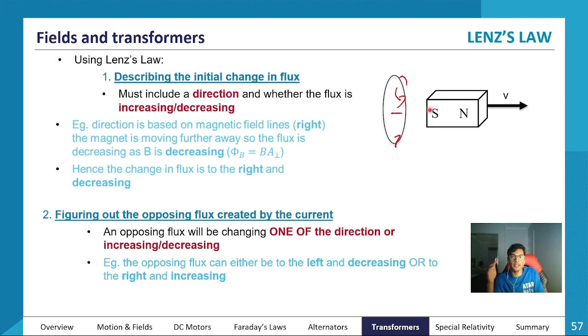But in essence, what you want to remember is that the current will travel in such a way that the flux it generates will oppose the change in flux. So if the flux is increasing, the induced current will want to decrease the flux, and if the flux is decreasing, the current will want to increase the flux.